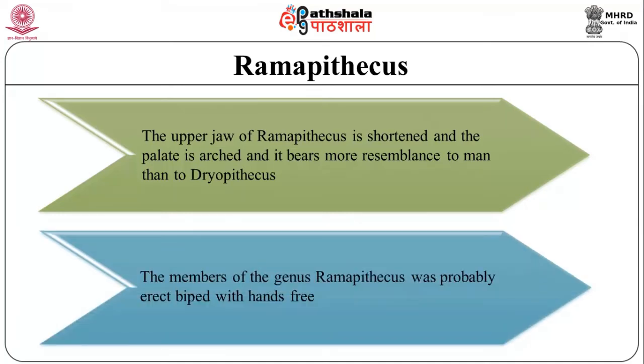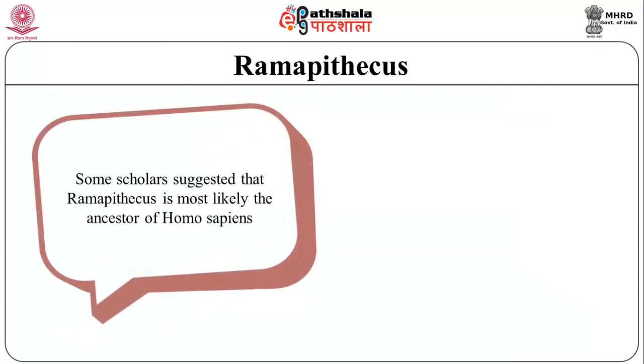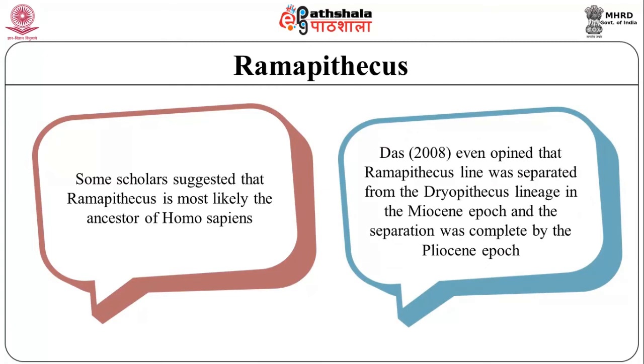The members of the genus Ramapithecus were probably erect bipeds with hands free. Some scholars suggested that Ramapithecus is most likely the ancestor of Homo sapiens. Thus, in 2008, Das opined that the Ramapithecus line was separated from the Dryopithecus lineage in the Miocene epoch, and the separation was complete by the Pliocene epoch.